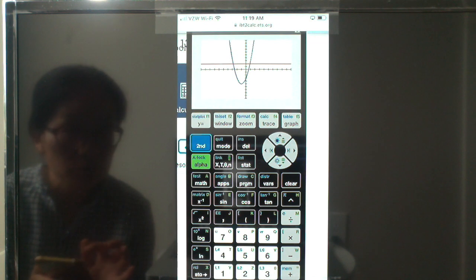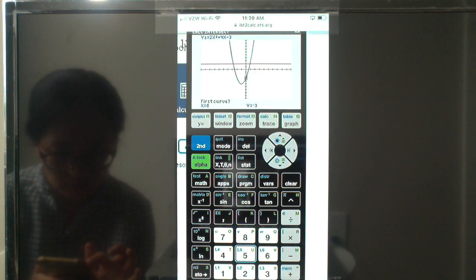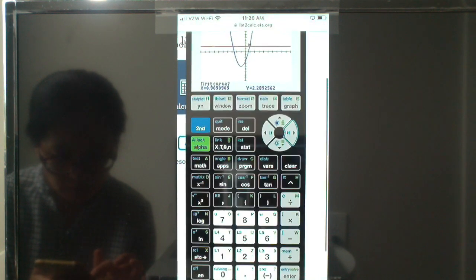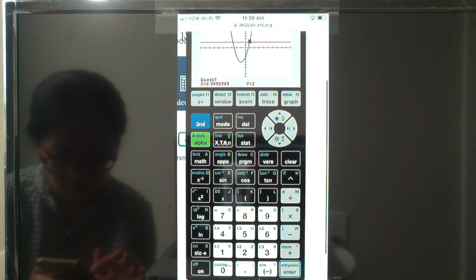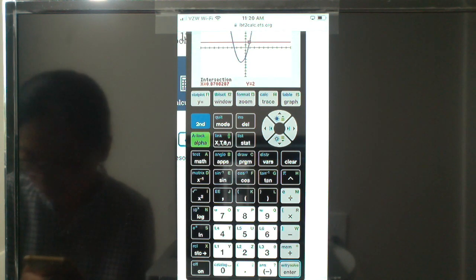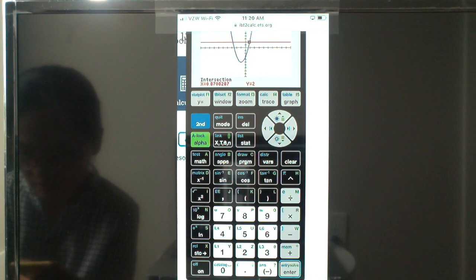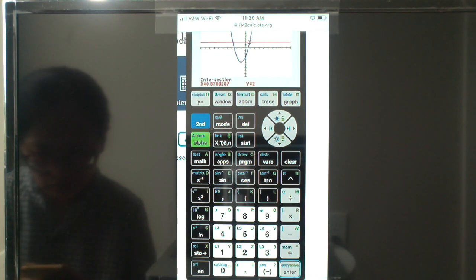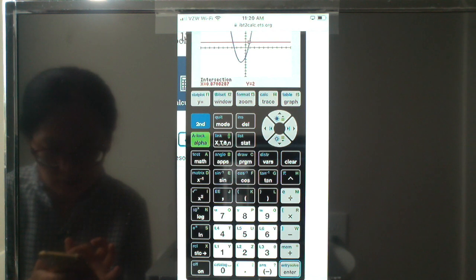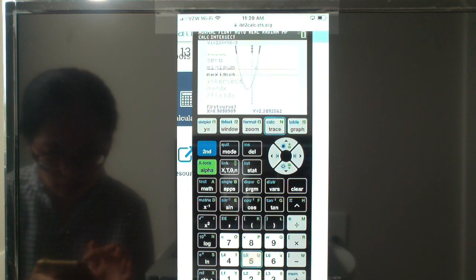So blue, I'll say second, calculate, intersect, and the star thing need to go very close, and I'll do it. Enter, enter. So first point is 0.87 and so on. And next, let's look at the other point. Second, calculate. You will see this, and I'll choose intersect.